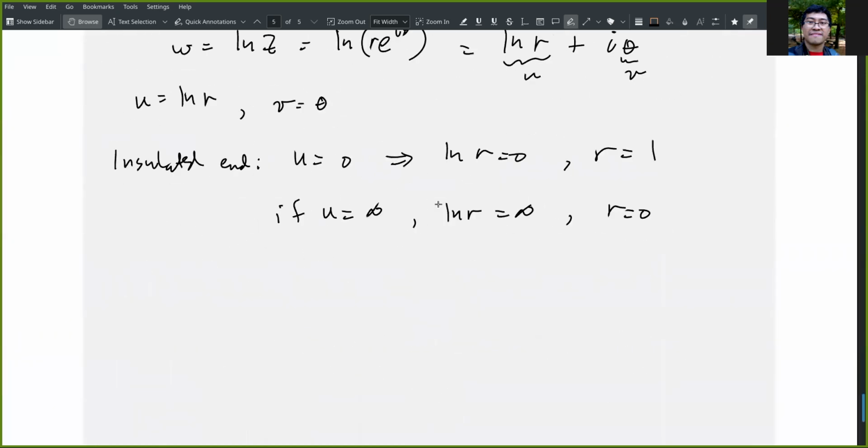Okay, now our next step would then be to transform.